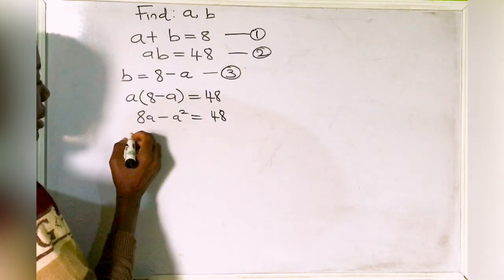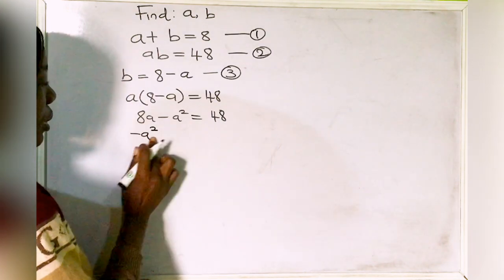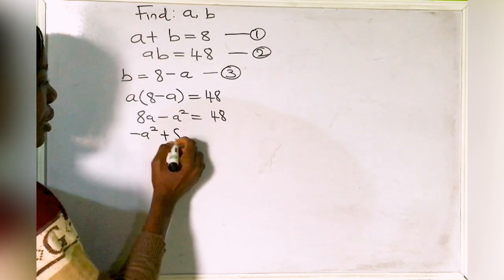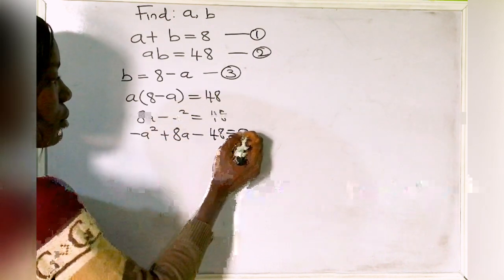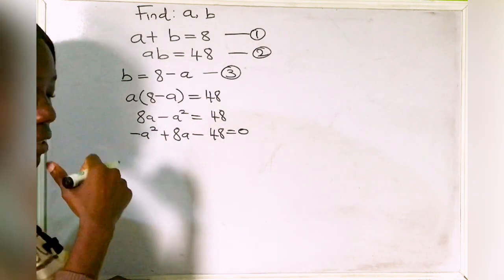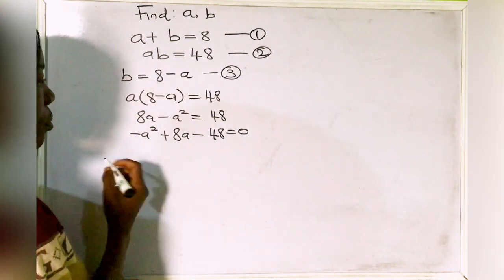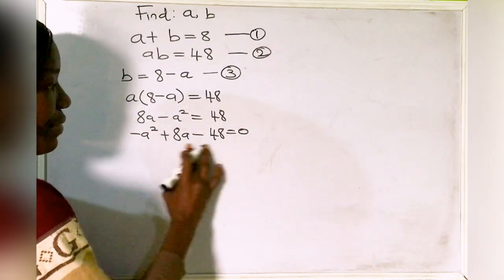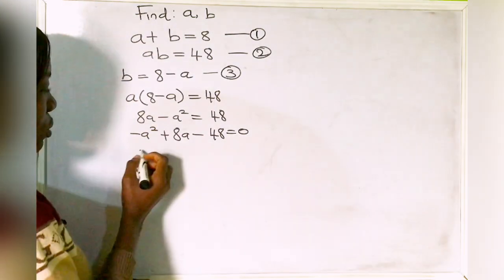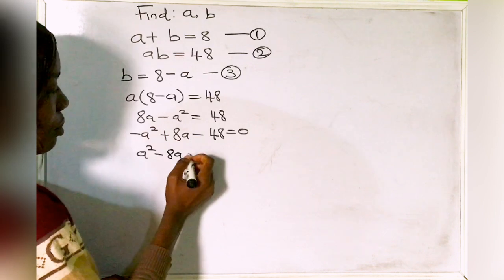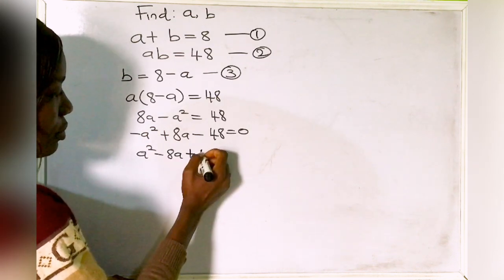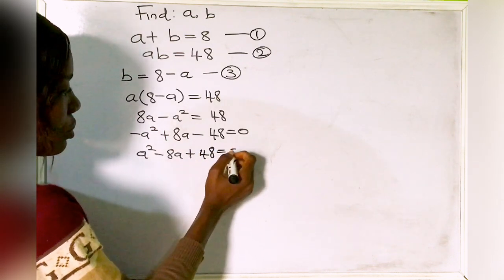We can rewrite this as minus a squared plus 8a minus 48 is equal to 0. When it moves to the other side, it becomes a negative 48. Now, at this point, you can multiply everything here by minus 1. So here we'll have a squared minus 8a plus, minus times minus is plus, 48 is equal to 0.